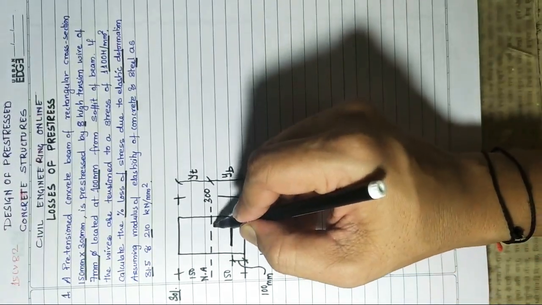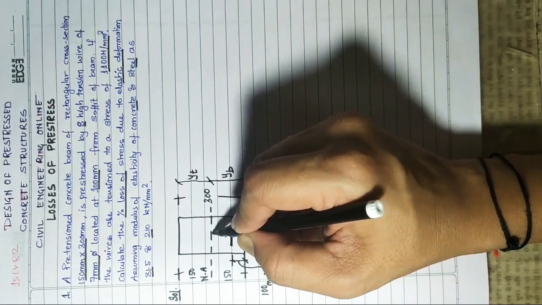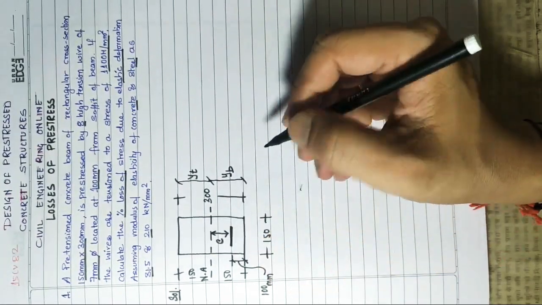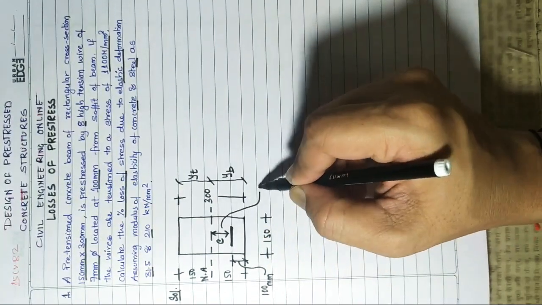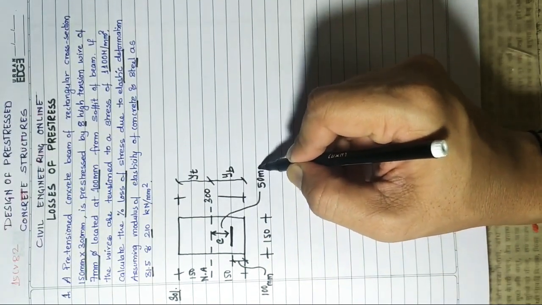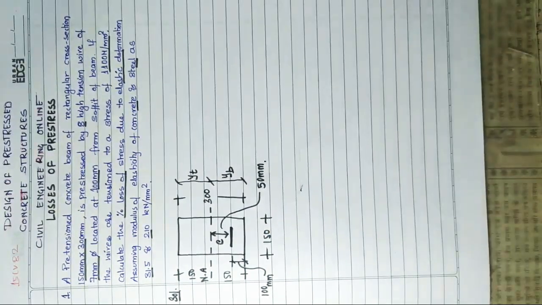Now the remaining part, we can find out as eccentricity. This eccentricity will have the value equal to 50 mm. So from the figure, we can clearly find out the eccentricity of the cables which are located at 100 mm from the bottom of the surface.